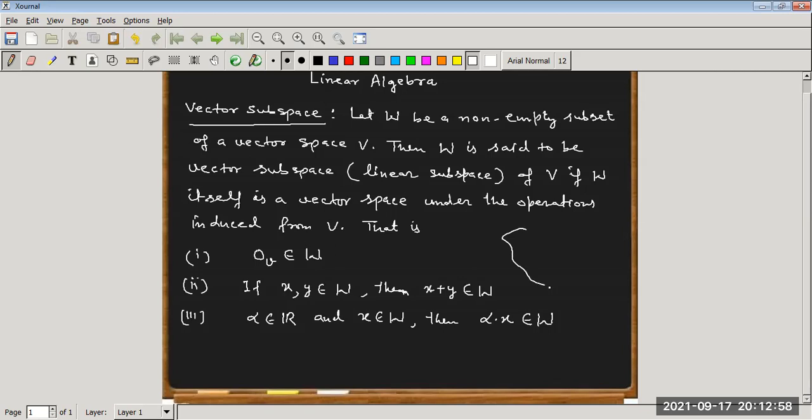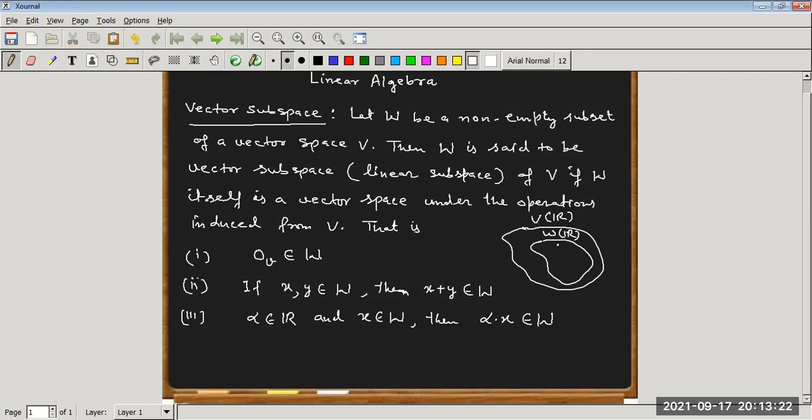If this is our vector space V over the field of real numbers, and this is our W, then W is said to be a vector subspace over the same field R if, under the same addition operation induced on V, W becomes a vector space.